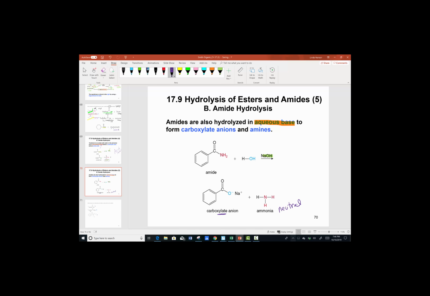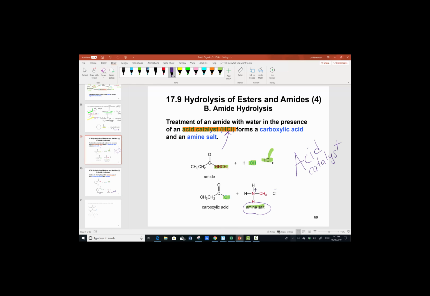In the presence of a base, the carboxylic acid is left unprotonated, and you create a carboxylate negative anion and the neutral ammonia. Compare and contrast that. In an acid catalyst, the neutral molecule is the acid, and the amine is the charged salt.